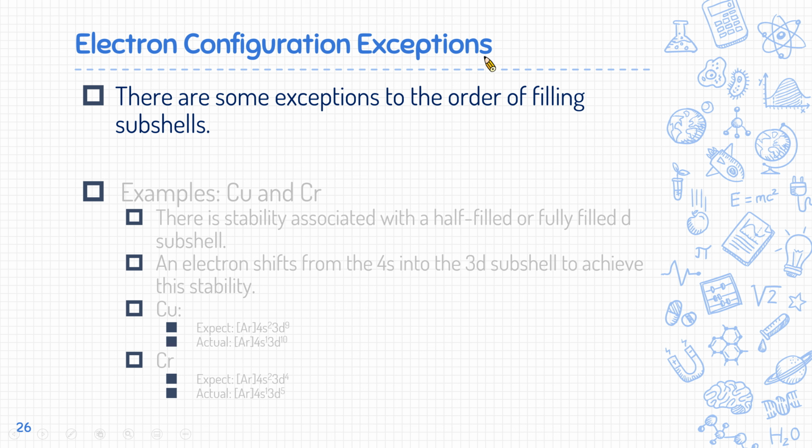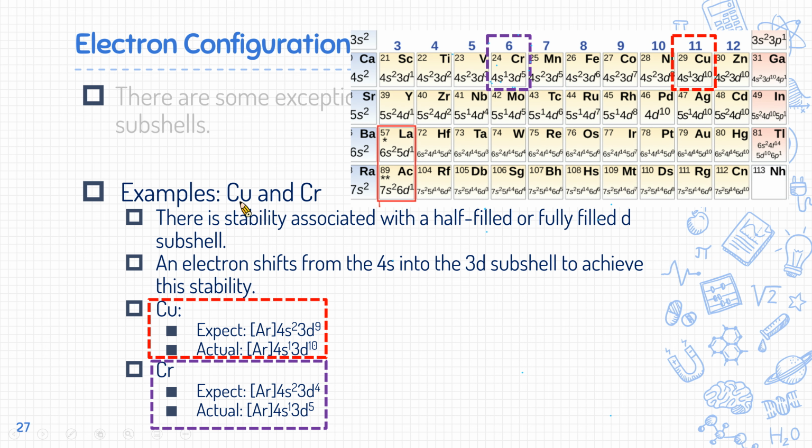There are some exceptions to the order of filling subshells. For example, copper and chromium, here and here. For these two elements, there is a stability associated with a half-filled or full-filled subshell.